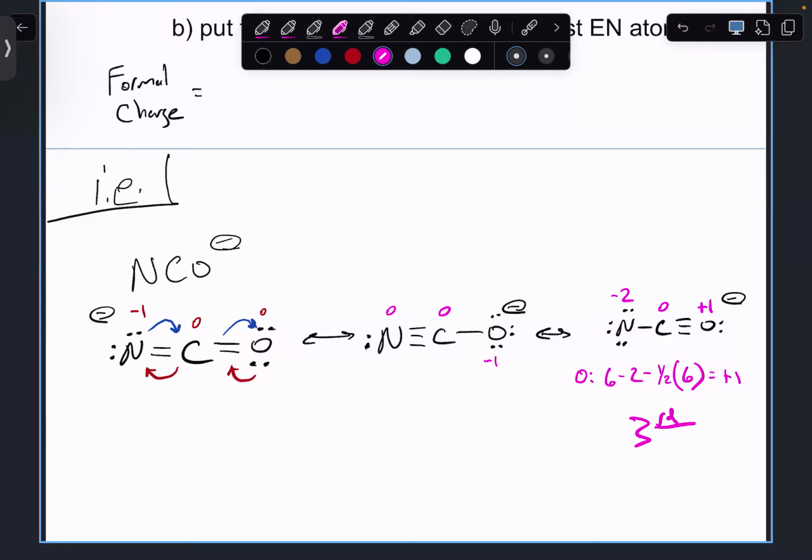But between the first two, it's the same numbers, right? Same magnitude of charges. So in a tie situation like that, you want to look at which of the two has the negative charge on the more electronegative atom. The question becomes, what's more electronegative, nitrogen or oxygen? Oxygen. So that's the best.